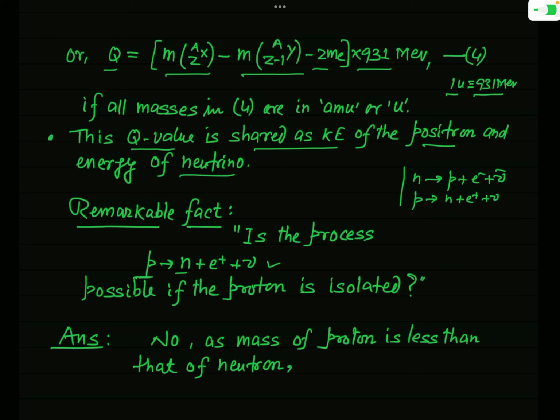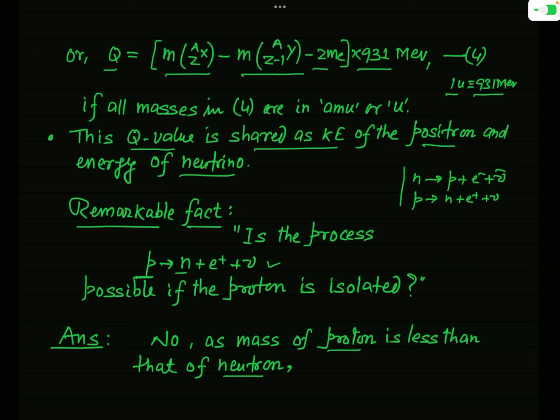Why? What is the reason? In fact, any nuclear process is energetically favorable, and it takes place only when the Q value of the process is positive. Only then will that process proceed. But in this process, as you know, the mass of proton is less than the mass of neutron.